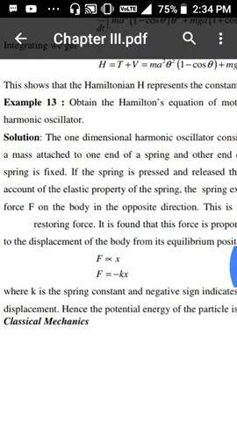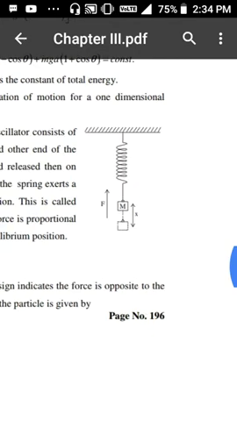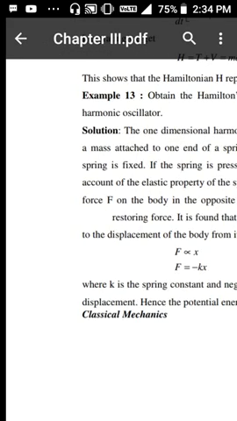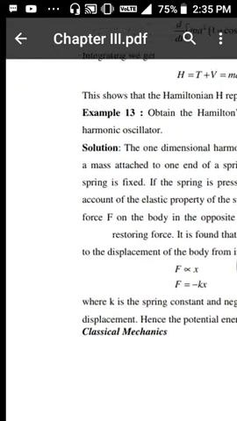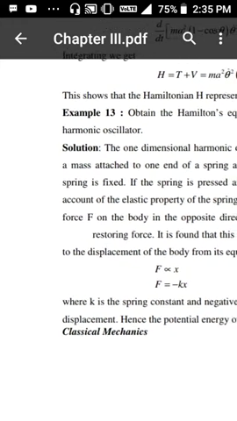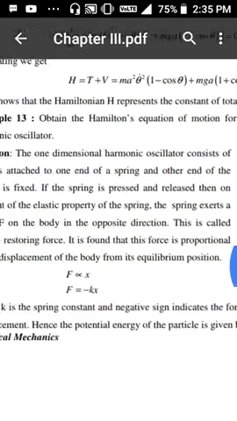Now see your example. Obtain the Hamiltonian equations of motion for a one-dimensional harmonic oscillator. Solution. The one-dimensional harmonic oscillator consists of a mass attached to one end of a spring and the other end is fastened.